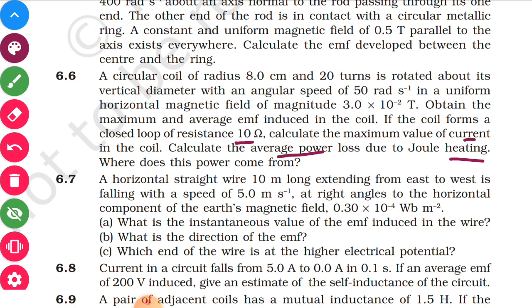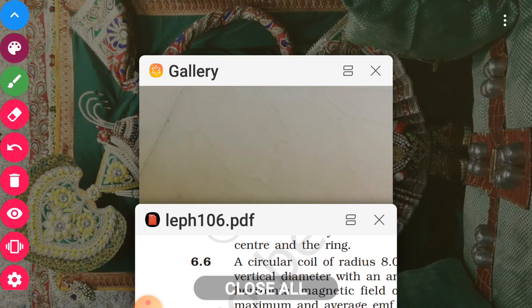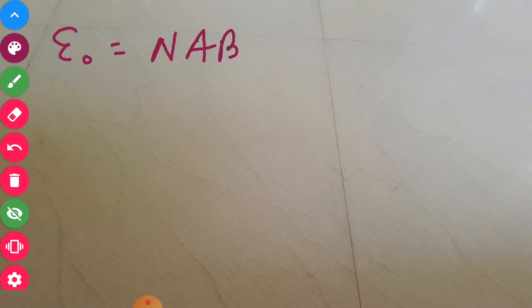Now see, this can be done easily. First of all, this coil is moving, and as you know, the maximum induced electromotive force is given by E0, and that is equal to NAB omega. Place this value here.